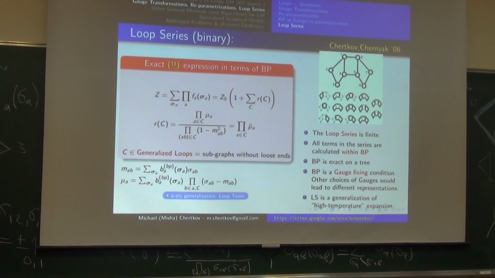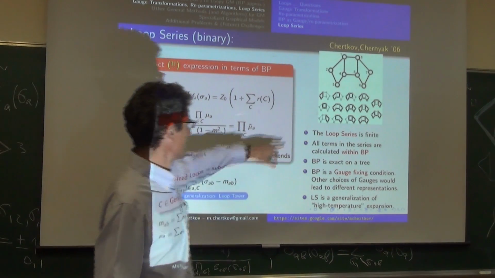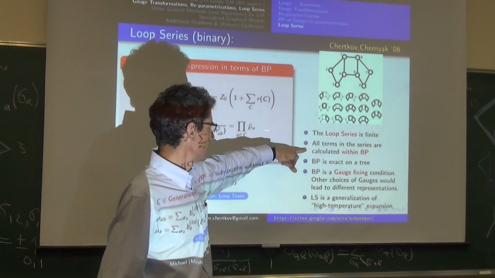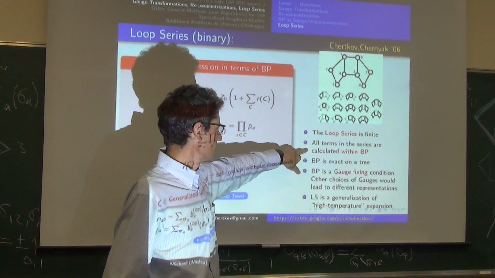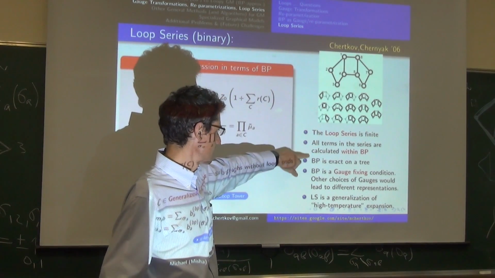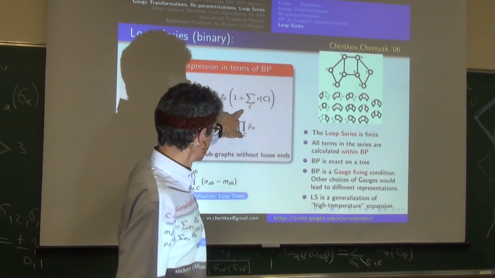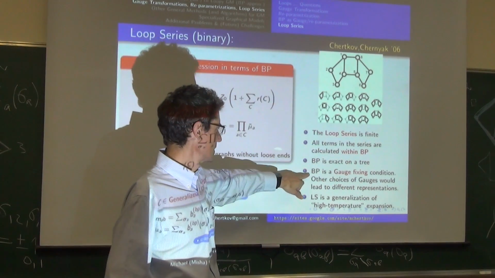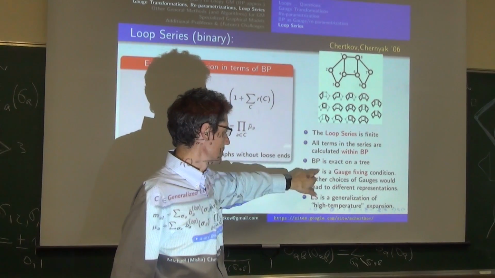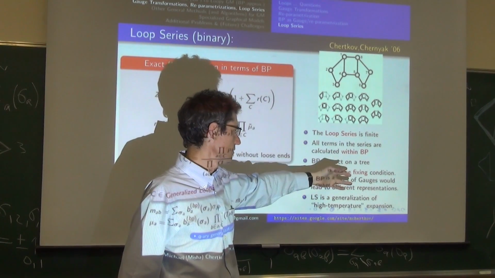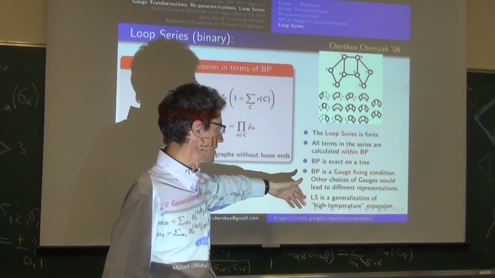Yeah, so there are a number of comments, and here all terms are calculated within BP, so explicitly. BP is exact on the tree. On the tree, all those contributions are 0, as we discussed. Yeah, so you interpret BP as a gauge fixing, so it's one of those interpretations.